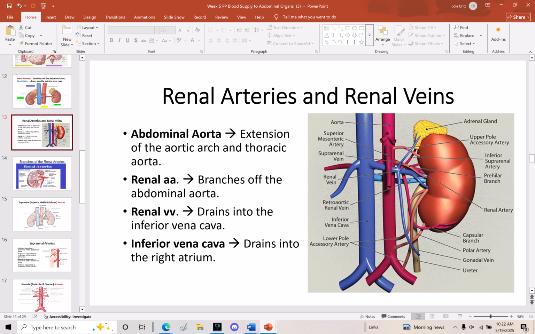Now over here on the left side, we have a little bit of a different pattern as well. Remember, way back up here, we looked at our gonadal arteries coming off the abdominal aorta. The gonadal veins don't follow that same pattern.